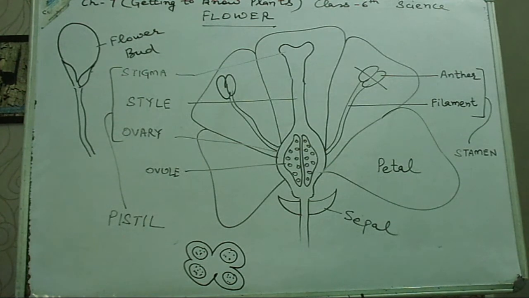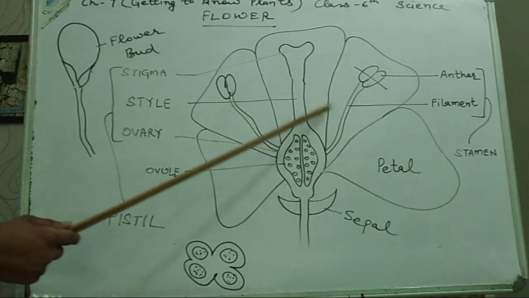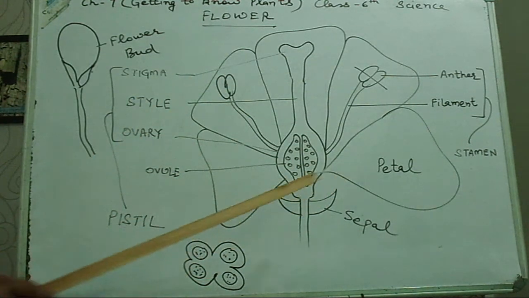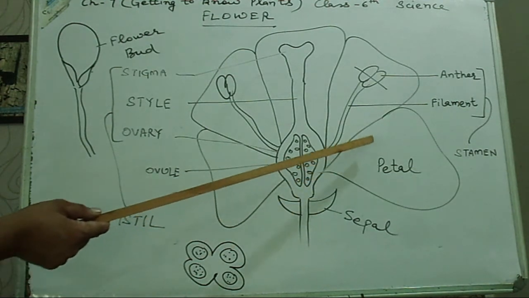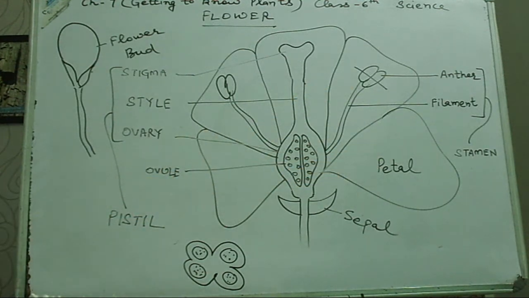Now I am telling you one more thing. The number of sepals and the number of petals may be the same in a flower or they may be different. Petals may be connected to each other, or they may be free. Similar is the case of the sepals.